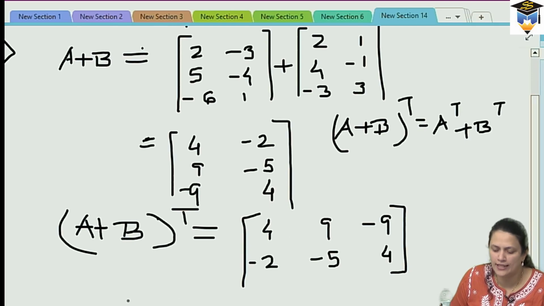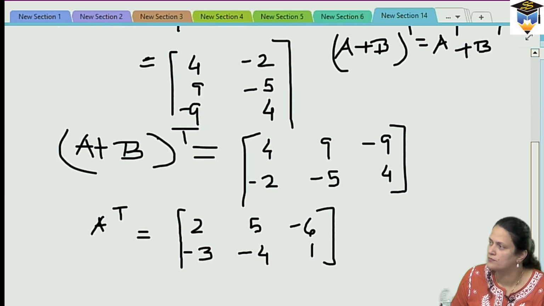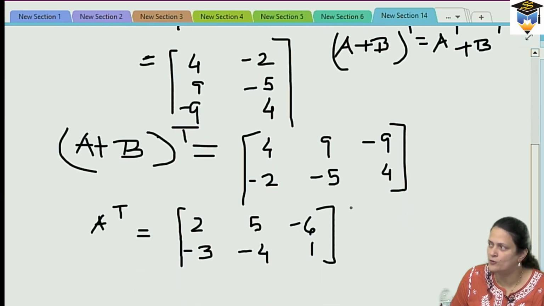Before that, let us find out what is A transpose. A transpose is going to be, so the A matrix rows will be converted to columns. This is A transpose. Similarly, B transpose I am going to write over here.